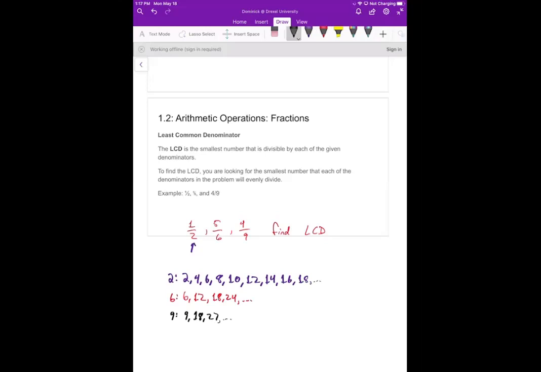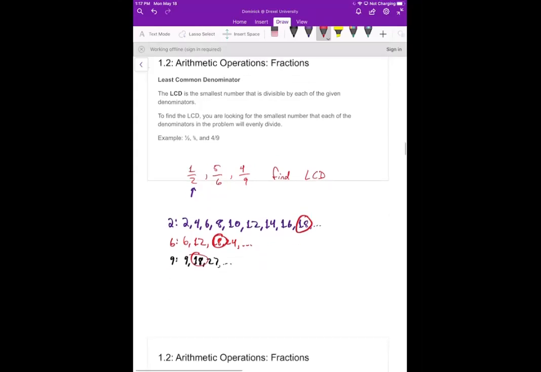And we're looking for the smallest number that appears in all 3 lists, right? So of course, if you look at this long enough, you'll find that 18 is the first number that is going to appear in all 3 lists, right? So that means that your LCD, least common denominator, is 18.